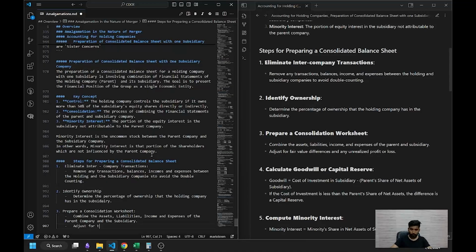Adjust for fair value differences and any unrealized profits or losses.